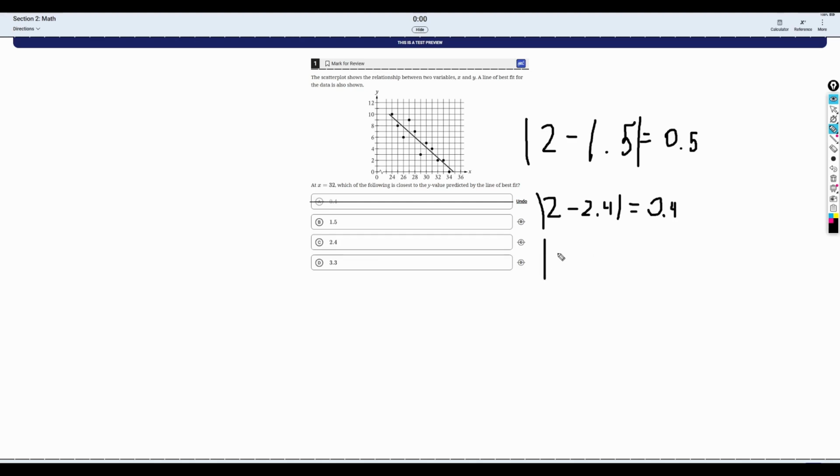Now, 2 minus 3.3 equals 1.3. And for this one, we just want the one that is the smallest value. So we have 0.4 here, which would be 2.4. And that is your answer.